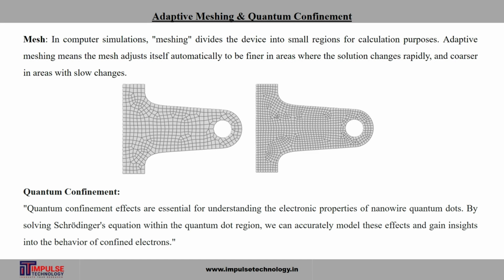Quantum confinement effects are essential for understanding the electronic properties of a nanowire quantum dot. By solving the Schrödinger equation within the quantum dot region, we can accurately model the effect and get insight into the behavior of confined electrons.